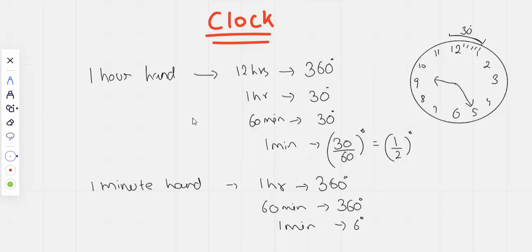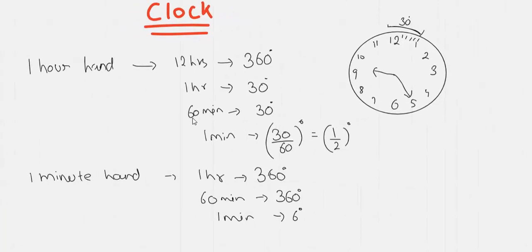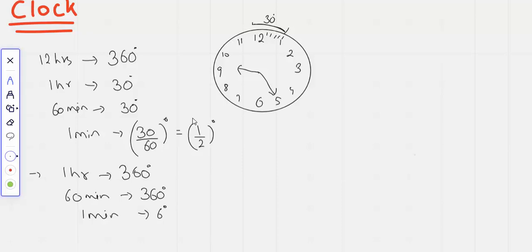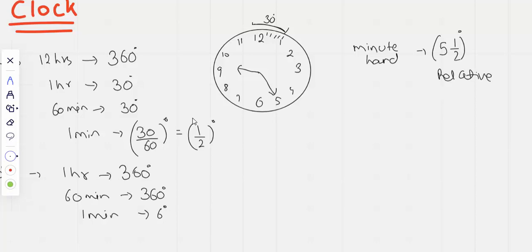So there is a relative gain of the minute hand over the hour hand. How much is the relative gain? The minute hand has a 5.5 degree relative gain.